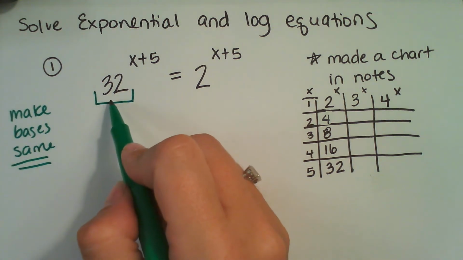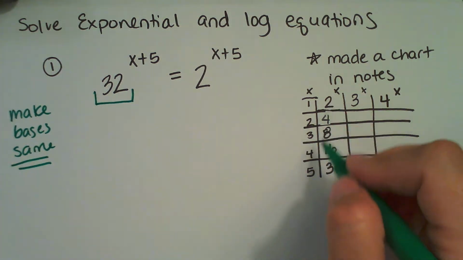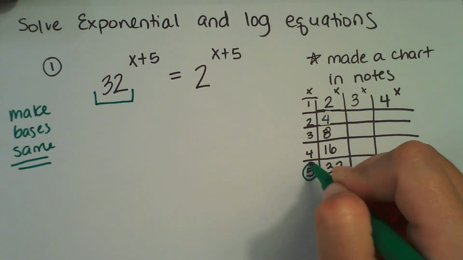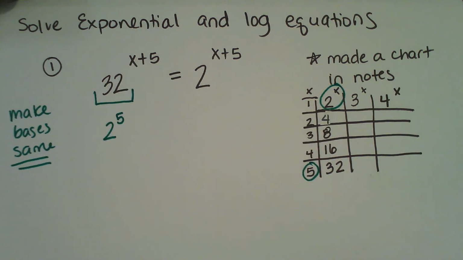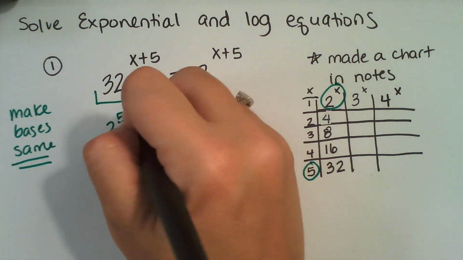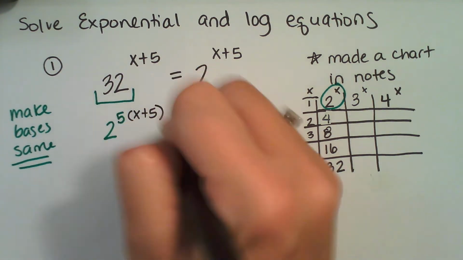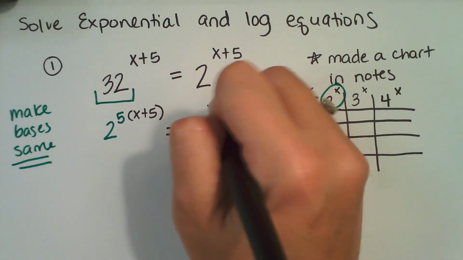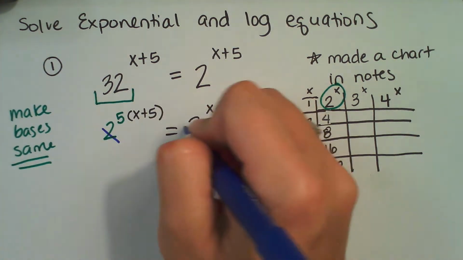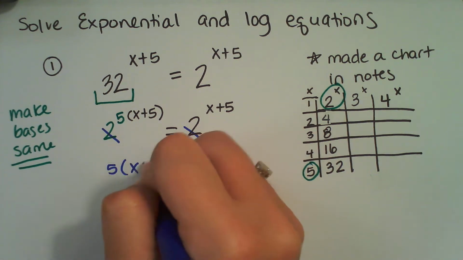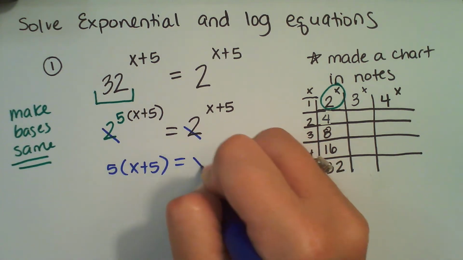So I would rewrite 32 as 2 to the 5th power. But I have to keep everything else the way it was. There was an x plus 5 here, and then there's a 2 with an x plus 5 over here. Once I got those bases the same, I didn't need them anymore, and I could set the exponents equal to each other, so I could solve.